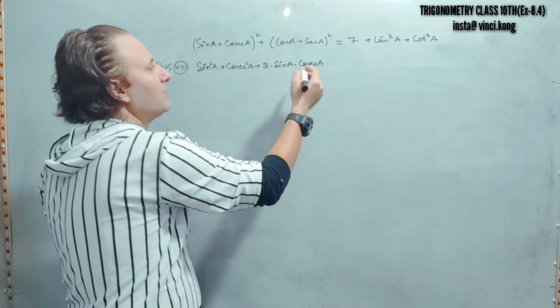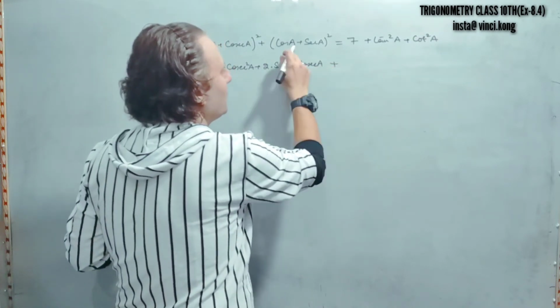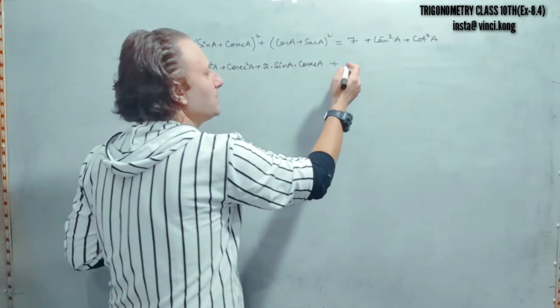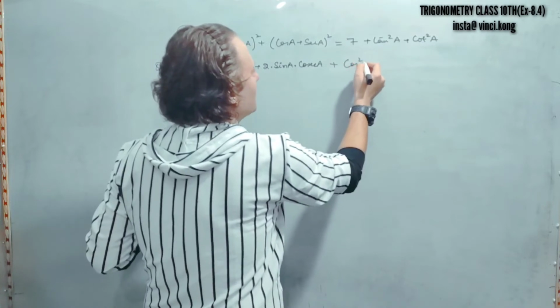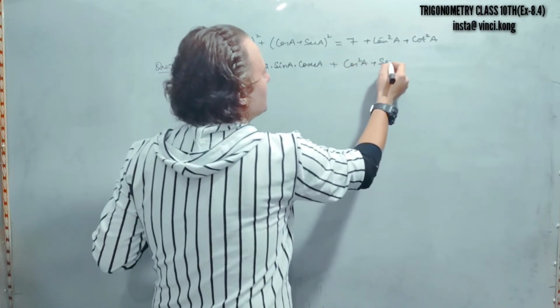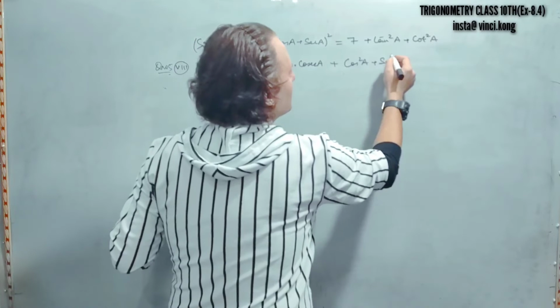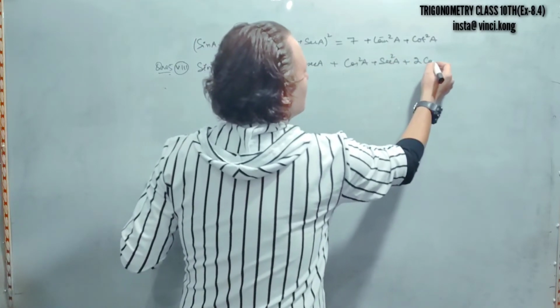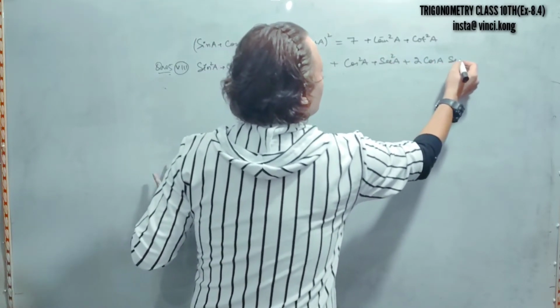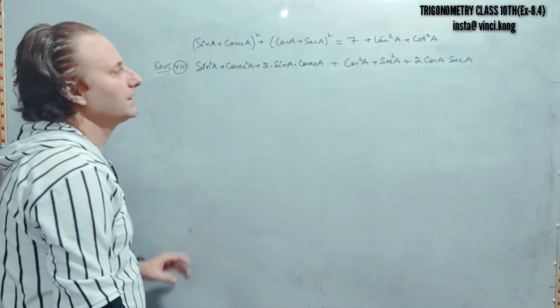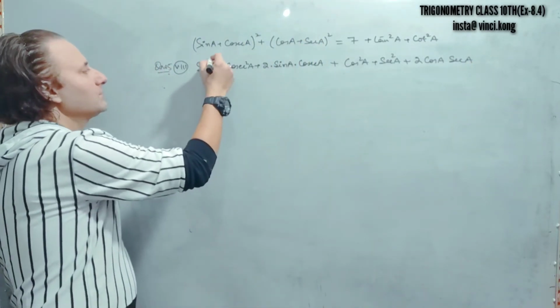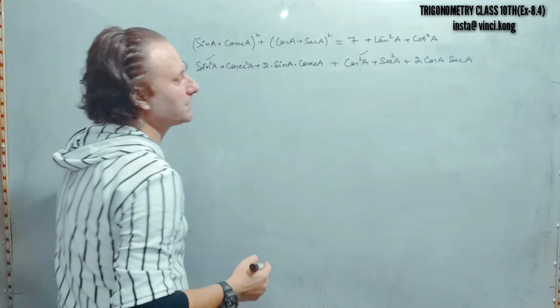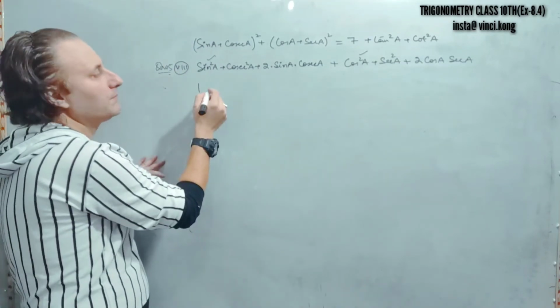Here also I have the same formula to be used, that is (A + B) whole square, that is A square plus B square plus 2AB. Clear, guys? So if I see this, sin square theta plus cos square theta, we have 1 here.